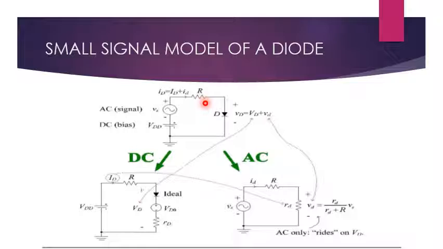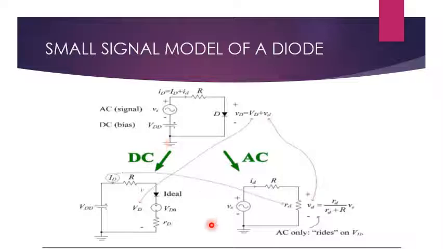We have a resistor and we have the diode here. Now when I am considering only DC biasing, you have to short all your AC. In case you are considering AC alone, you have to short all your DC.